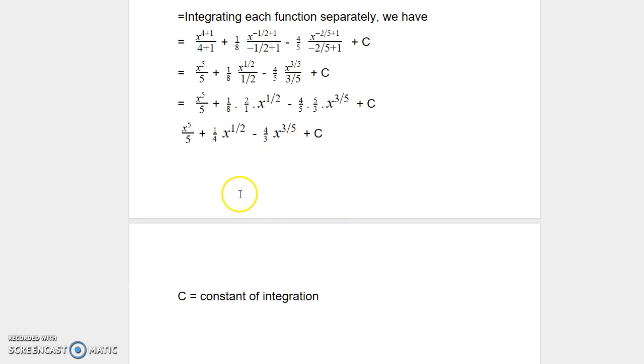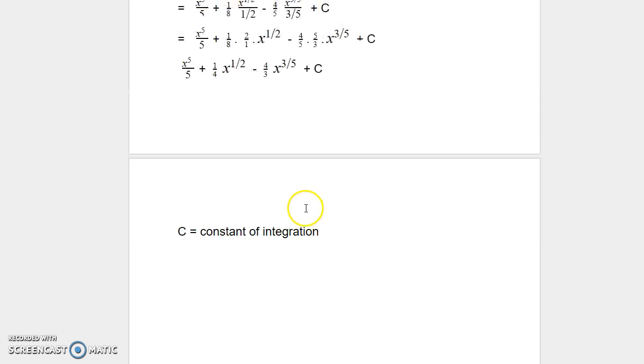When we simplify it some more, it's going to look like this. x to the power of 5 divided by 5 plus 1 over 4, since 2 is in the numerator and 8 is in the denominator. So it's going to be 1 over 4 x to the power of 1 half minus, the 5s cancel out, and we have 4 over 3 x to the power of 3 over 5 plus c, where c is the constant of integration.